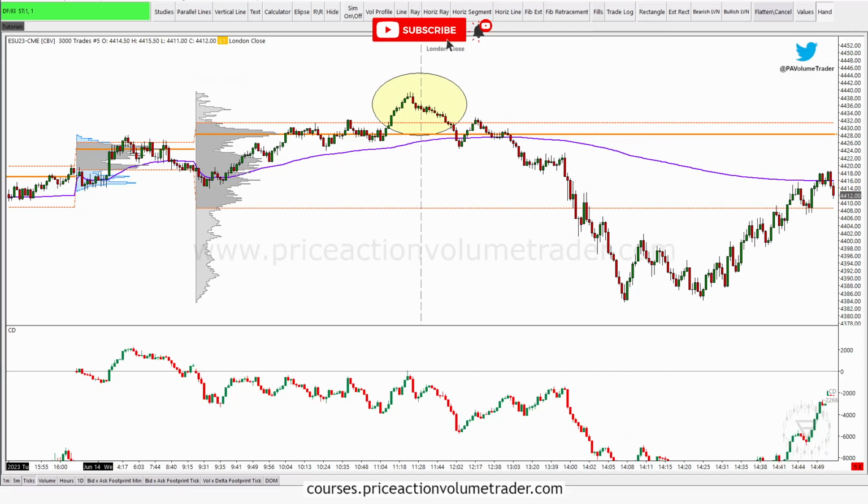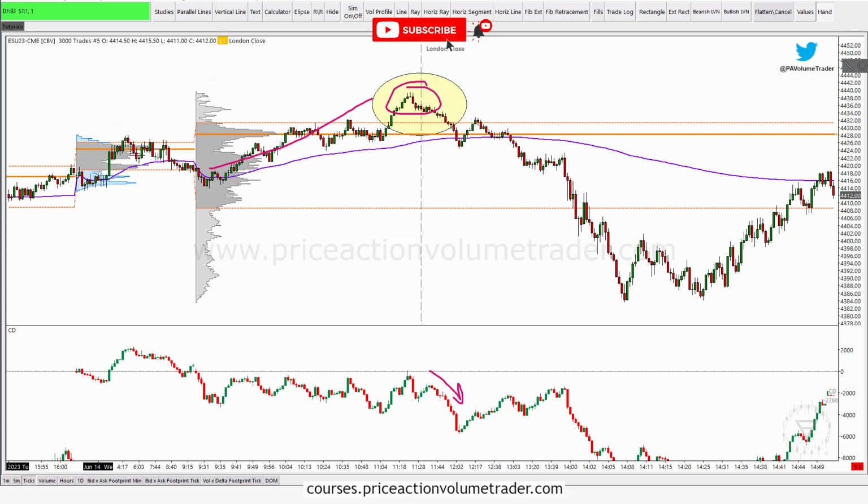Over here in this day, you can see pretty much the high of the day for this session marked off right into that 11:30 Europe close. Market pushed up, and then right around this time we had the turn. Then you can see very aggressive selling came right into here, and then we just started pushing.